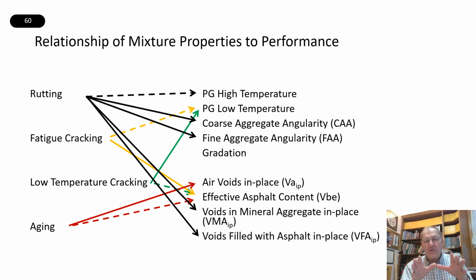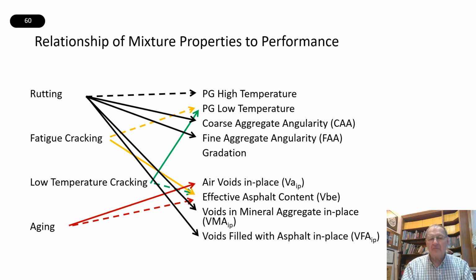Now, the thing I want to point out is that we control all of these performance properties using the material properties and the volumetric properties of our mix. But the one thing you'll notice that there is no arrow to is gradation. Why is that?